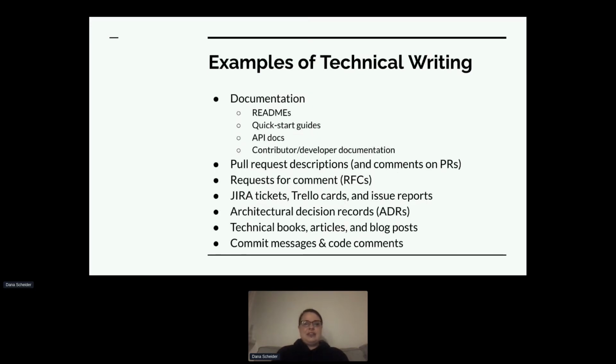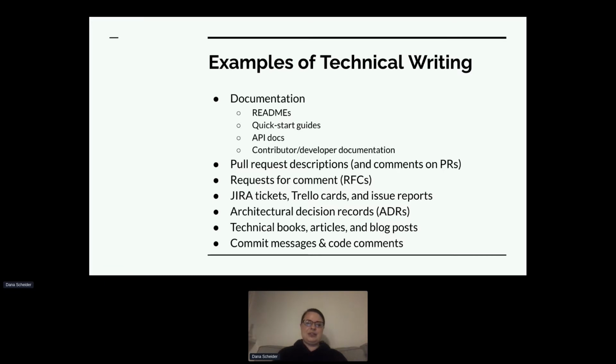So there are a number of examples of technical writing, and this is totally a non-exhaustive list. Documentation is one example, ranging from READMEs to quick start guides and tutorials to API docs and documentation for developers or contributors. Pull request descriptions and comments, RFCs, any kind of writing in Jira tickets or Trello cards or issue reports to describe a technical problem that's being solved, architectural decision records, technical books or articles or blog posts.